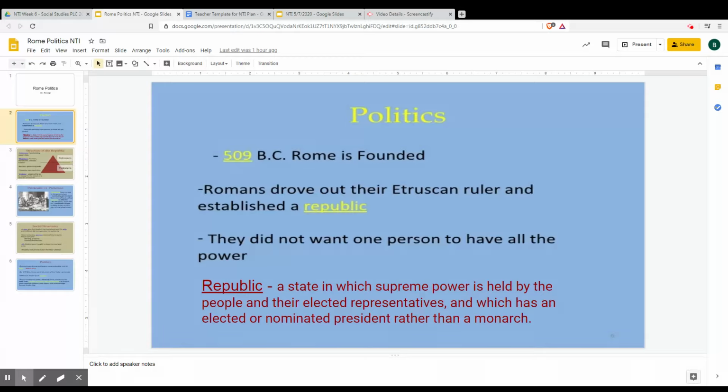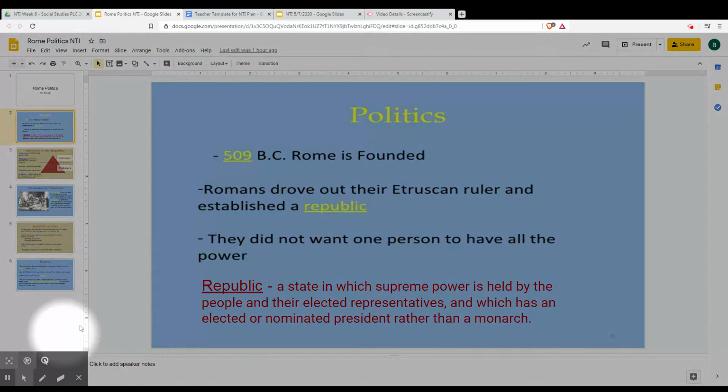But most people agree that the Romans settled there from the Latin people, and before the Romans there were the Etruscans who lived there, and the Romans ended up driving out these Etruscan rulers and establishing a republic.